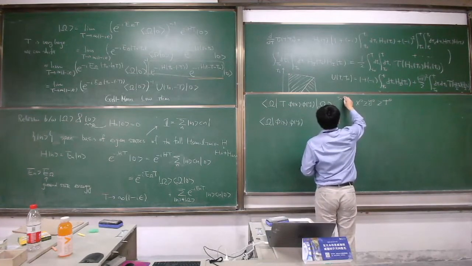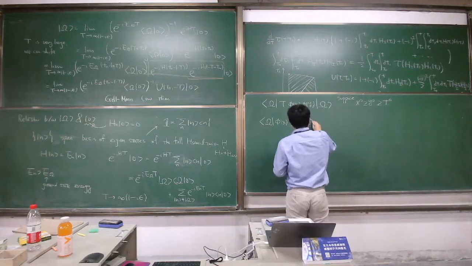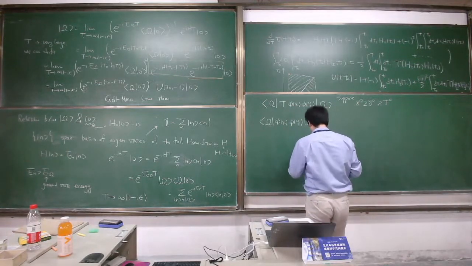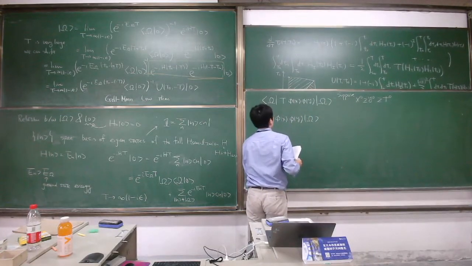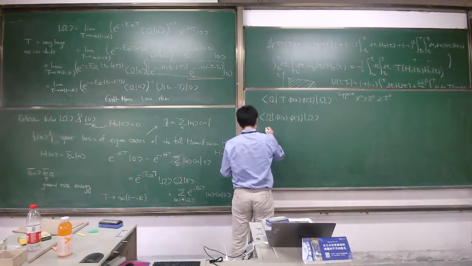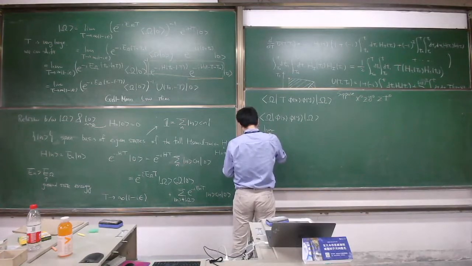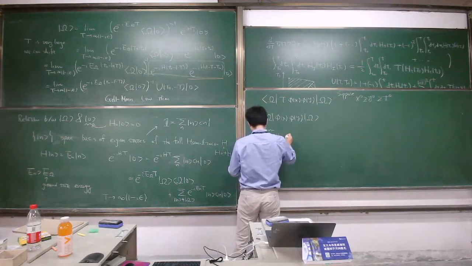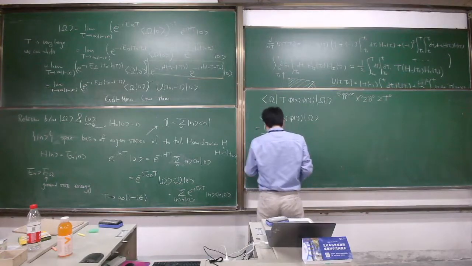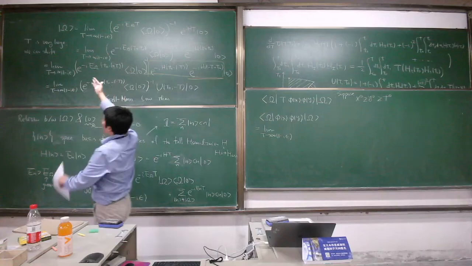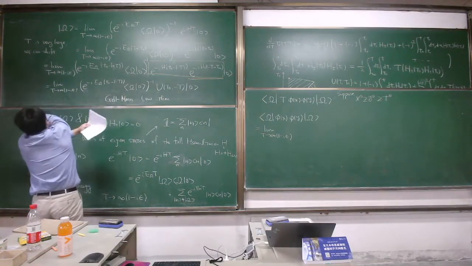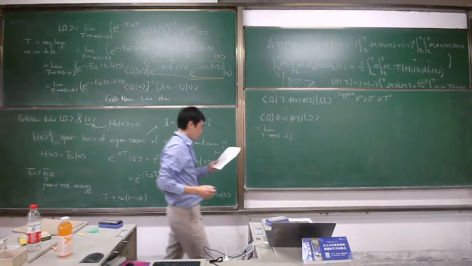Suppose then this guy is equal to, it's going to be a long formula, so I want to write it down at the bottom. And then, of course, if you take the Hermitian conjugate, you just do the Hermitian conjugate of this operator.